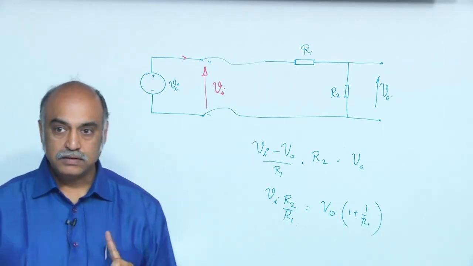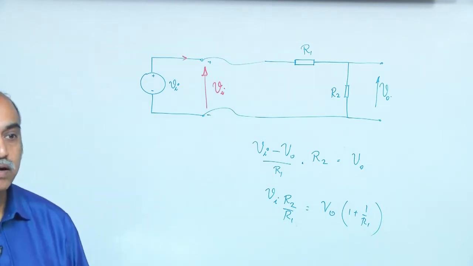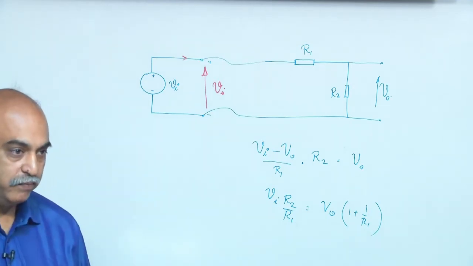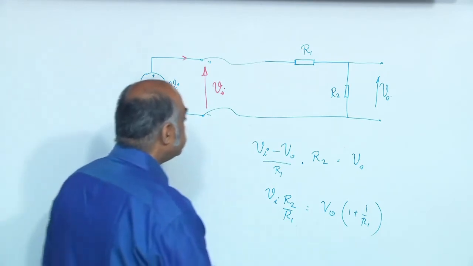A voltage source can't determine both, it can determine only one.